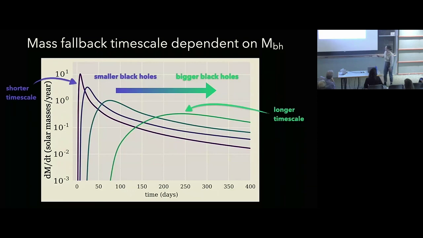Oh, yeah, and this dependence goes as t to the 1/2, the black hole mass to the 1/2 power. And so you go from timescales of like weeks to years. So these are all observable in what we call transients, so they're changing on human timescales, but there's an observable difference between the two if we can connect the light curves to the mass fallback rates.